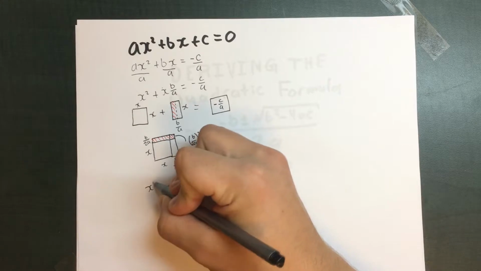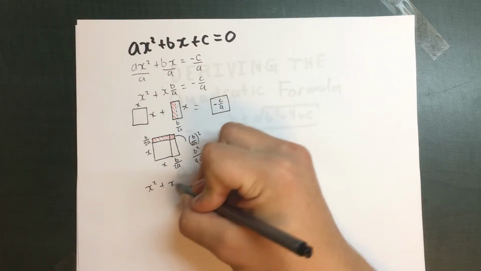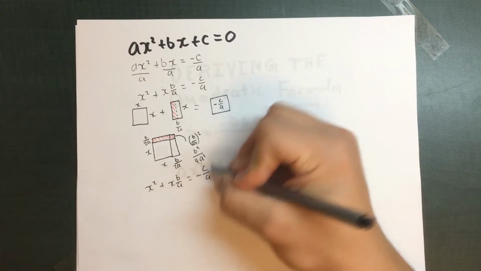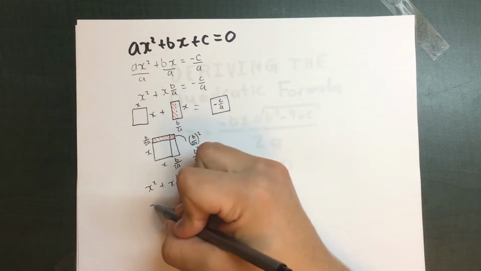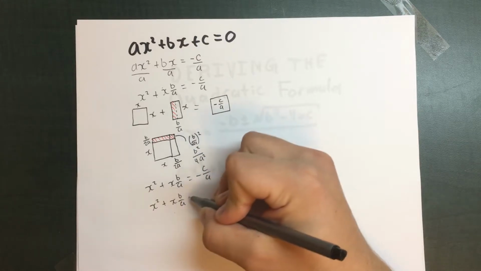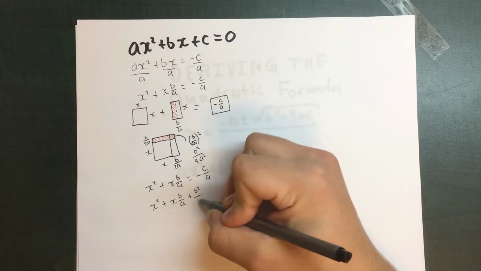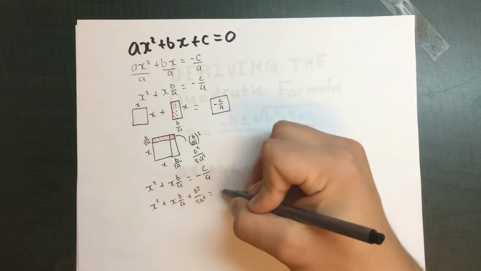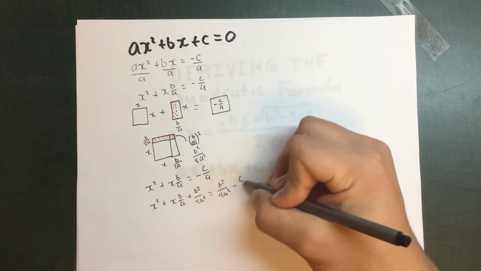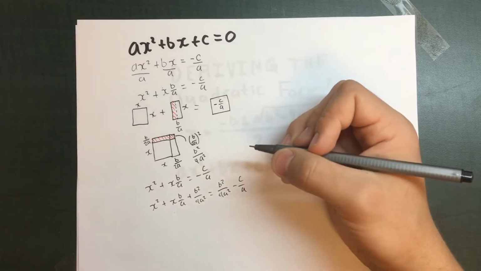So before, we had x squared plus x times b over a equals negative c over a. So since we're adding this, we have to add it to both parts of the equation. And that's what we're left with.